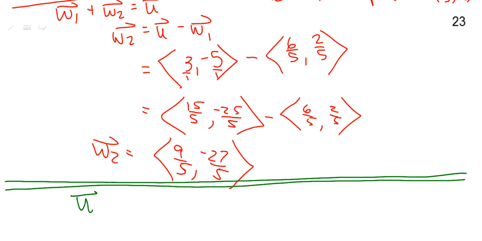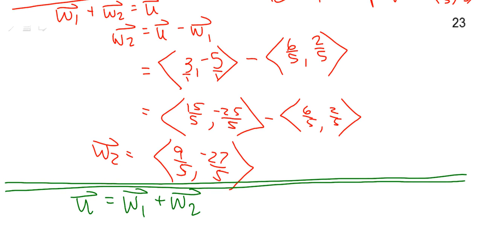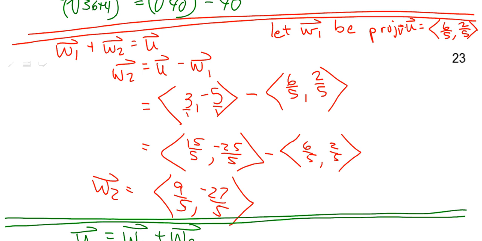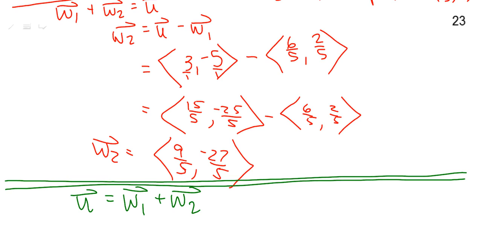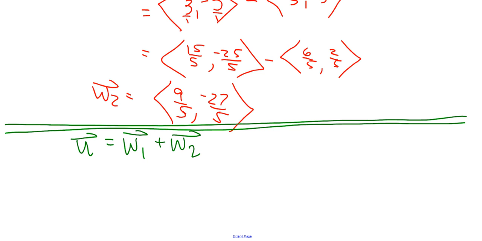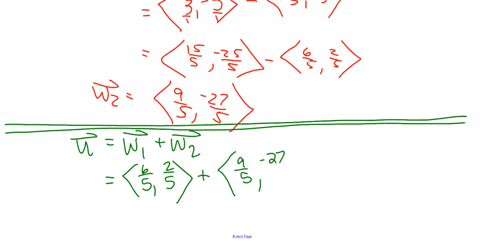It's hard for me to see everything. So W1 is the 6/5, 2/5, right? And W2 I just figured out is 9/5, -27/5. Correct me if I'm wrong because I can't see it. Plus W2, which is 9/5, -27/5.